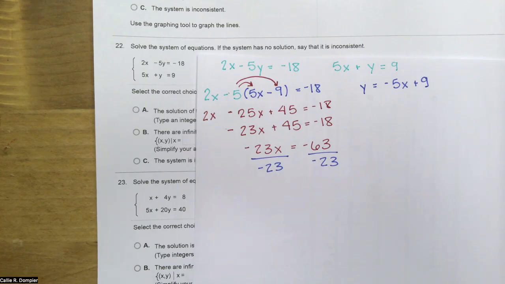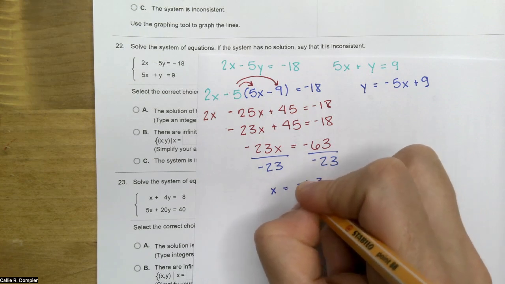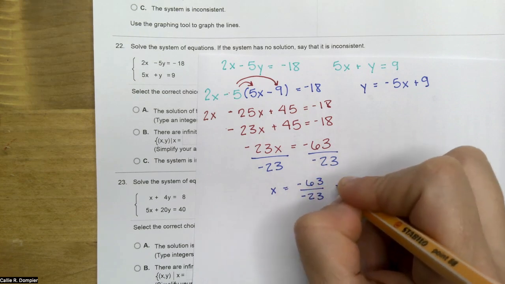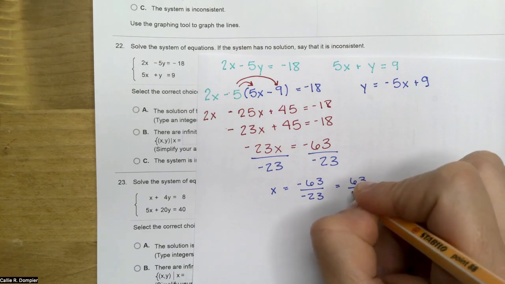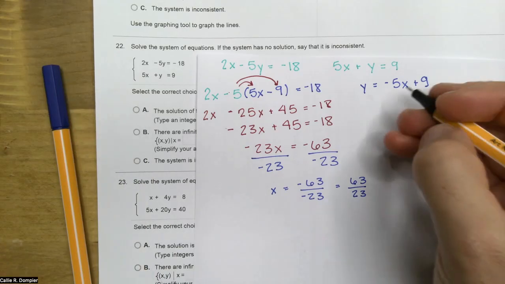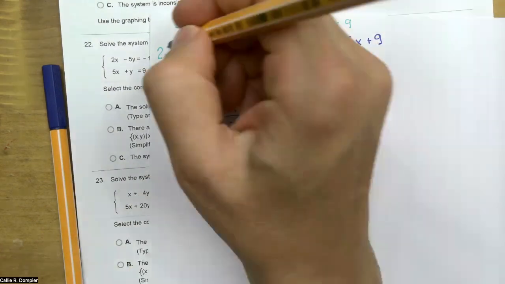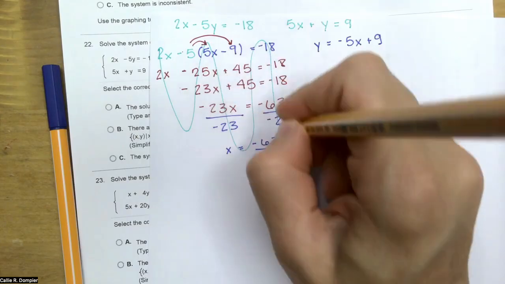Don't love that. All right, so my x is -63 divided by -23, which I guess is positive, right? 63 23rds. Oh, thank goodness I made a mistake, guys. It was a -5 and I didn't make it a -5. Ignore all of that.